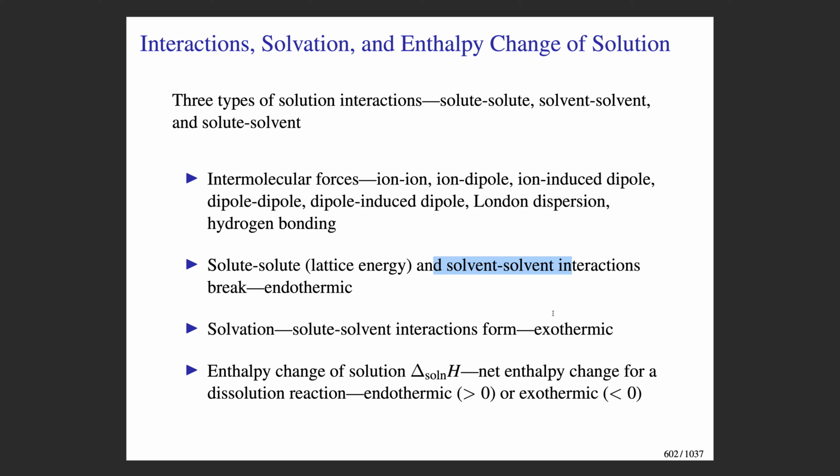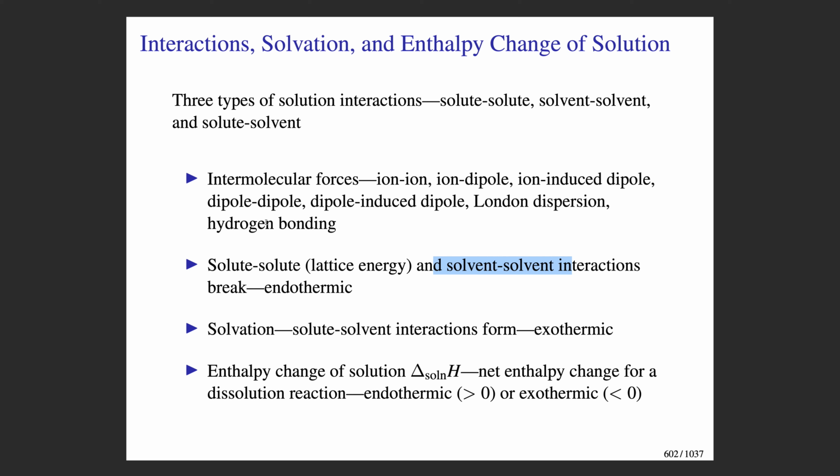You also have to separate the solvent particles from one another in order to make space for the solute. Okay, so in order to form the solution, you have to make space between the solute particles and space between the solvent particles. This means that you're breaking intermolecular bonds.